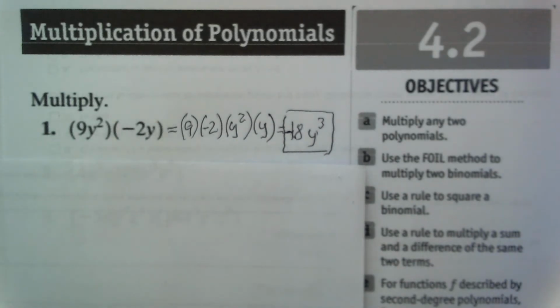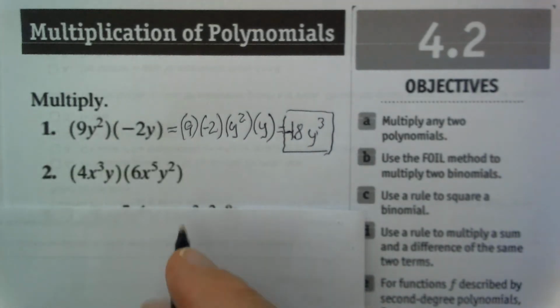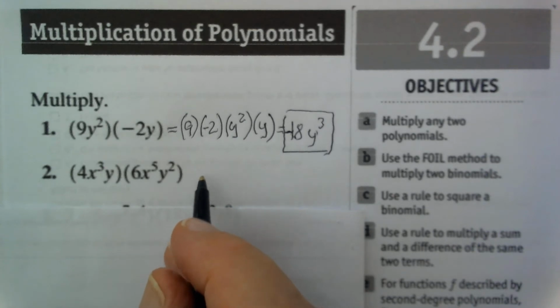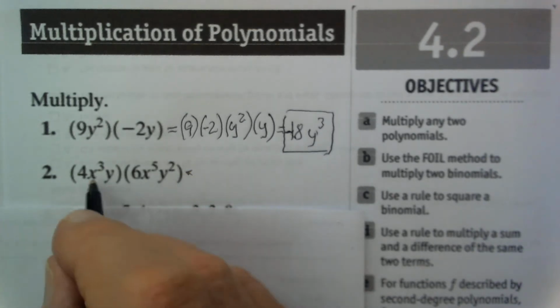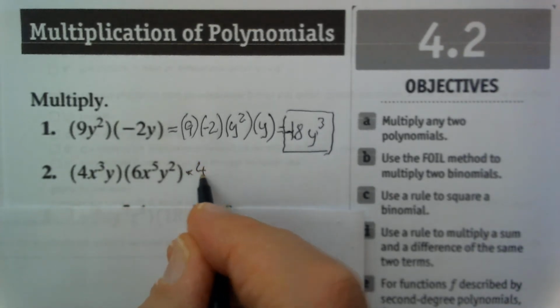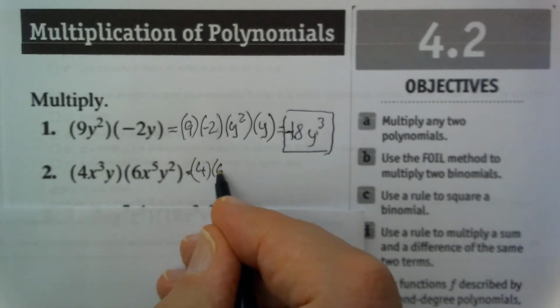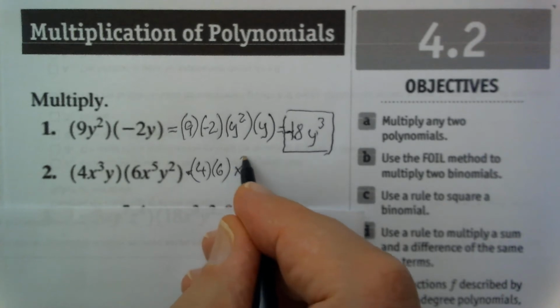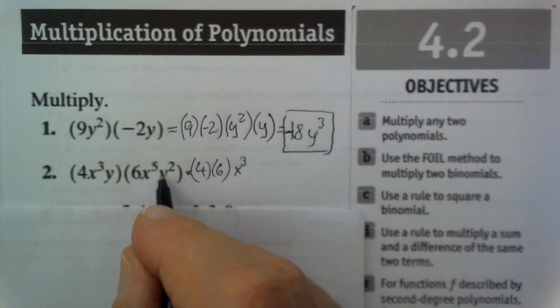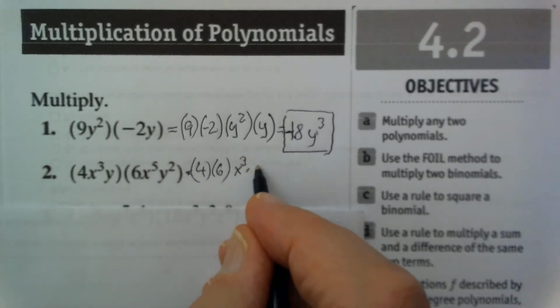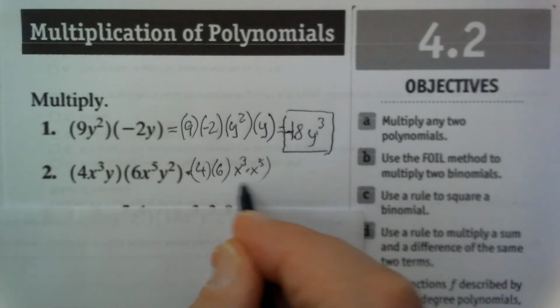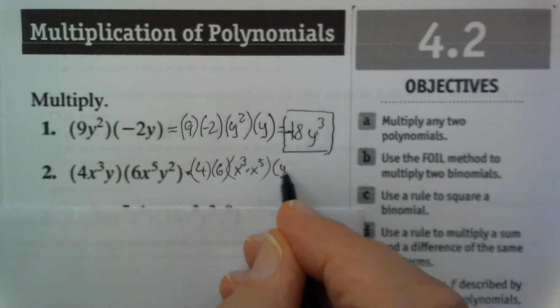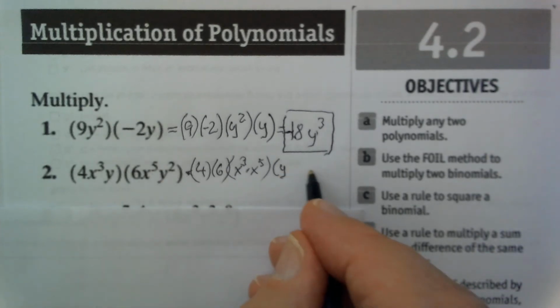The next exercise is very similar. So we can write that as we take the coefficients, 4 times 6, and then we have x to the third, and there's an x to the fifth, and then we have y, and then there's a y squared.